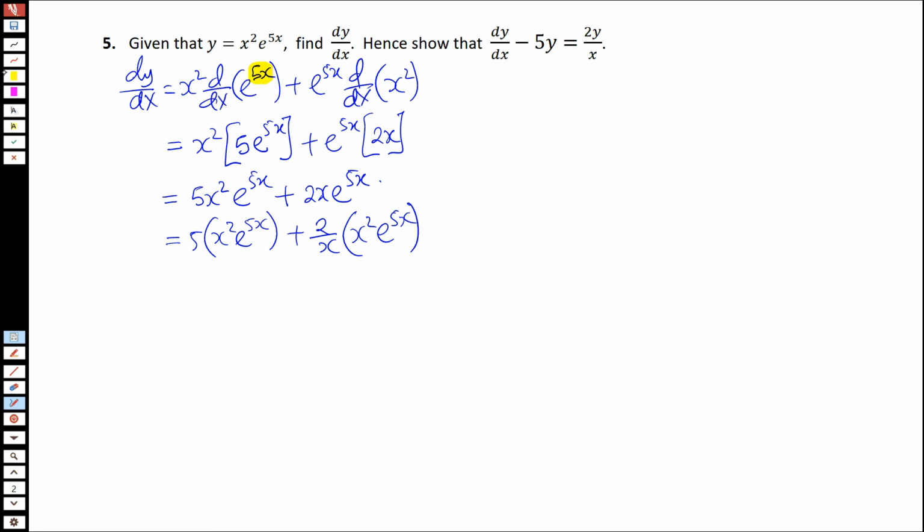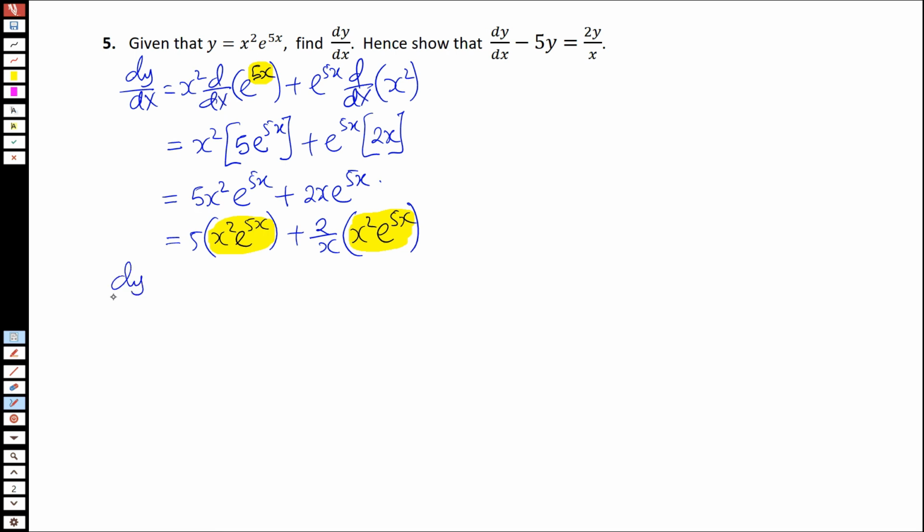Okay, and you can notice interesting things here, that this is equal to y, and also this is equal to y. So we can rewrite our derivative this way in terms of y.